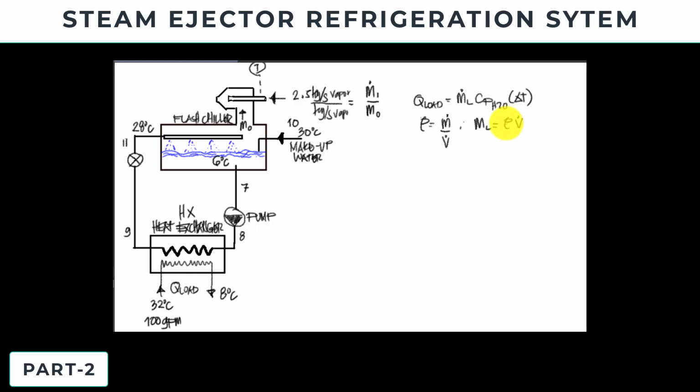Now, the density of water that we commonly see and that is always being used is 1000 kilogram per cubic meter. Usually that is the density of water at normal temperature and pressure.